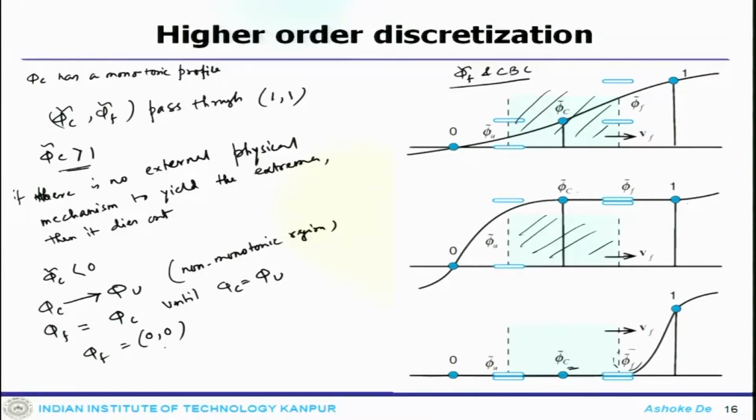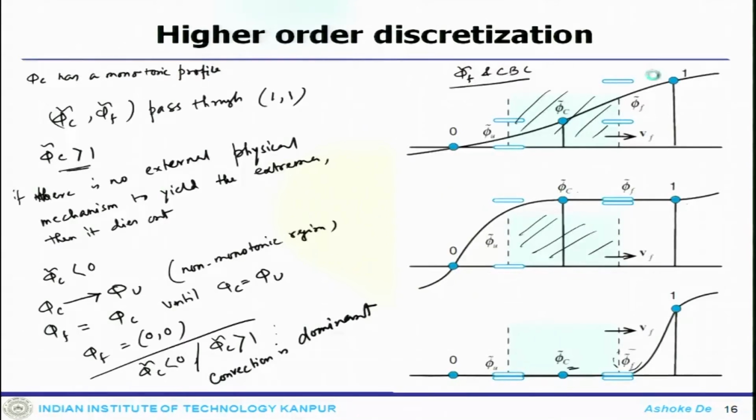And in the other situation, where phi c tilde is less than 0 or greater than 1, either of these two cases, the solution will be in a region where convection is dominant and the upwind approximation will be an excellent one. So, this is what one can understand about what is happening with different schemes.